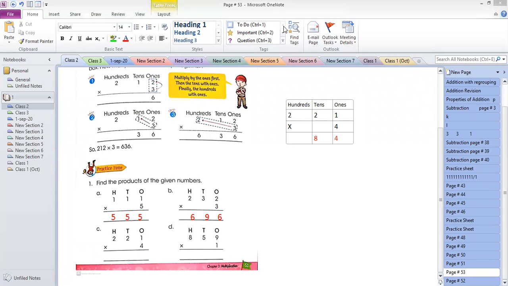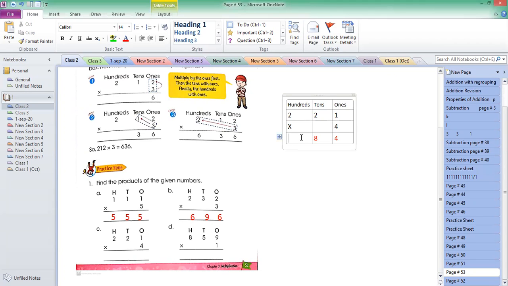Okay, I'll take one more student. Ayan, what number should I write here? 8. Why 8? Because 4 is there. Yes. 4 multiplied by 2 is 8.